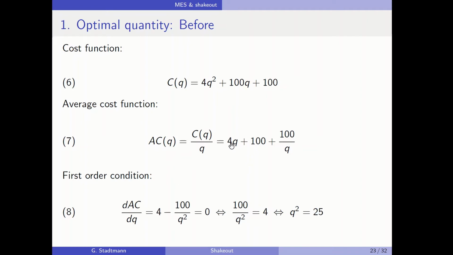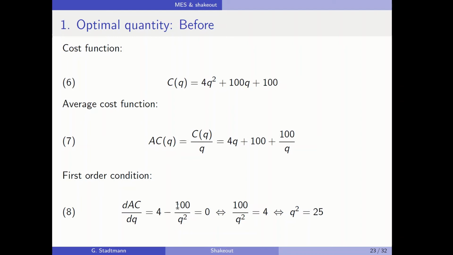When we differentiate 4Q with respect to Q, we get a 4 here. When we differentiate the constant 100, this drops out. And when we differentiate 100 divided by Q, we get minus 100 over Q squared. This first derivative has to be set equal to 0.